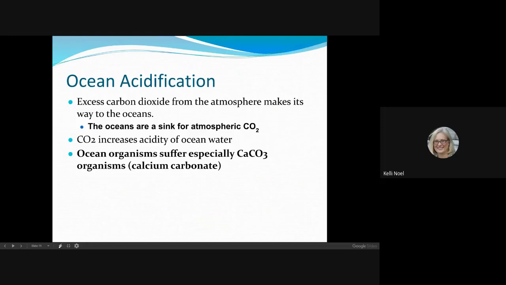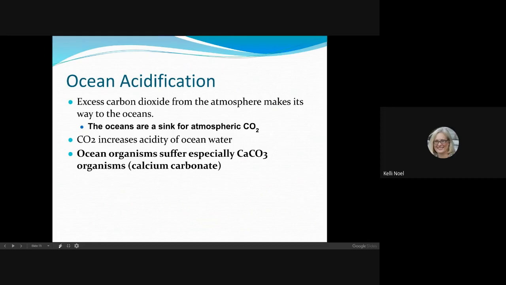So what happens? Look at that. The excess of carbon dioxide from the atmosphere will get into the oceans. The oceans are a sink for atmospheric carbon dioxide. That means it's like a storage place. So you're going to write, the oceans are a sink for atmospheric CO2.